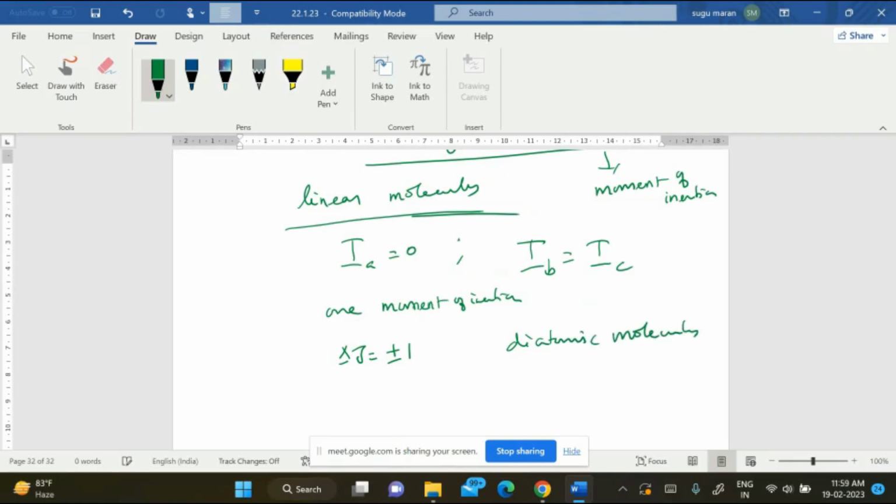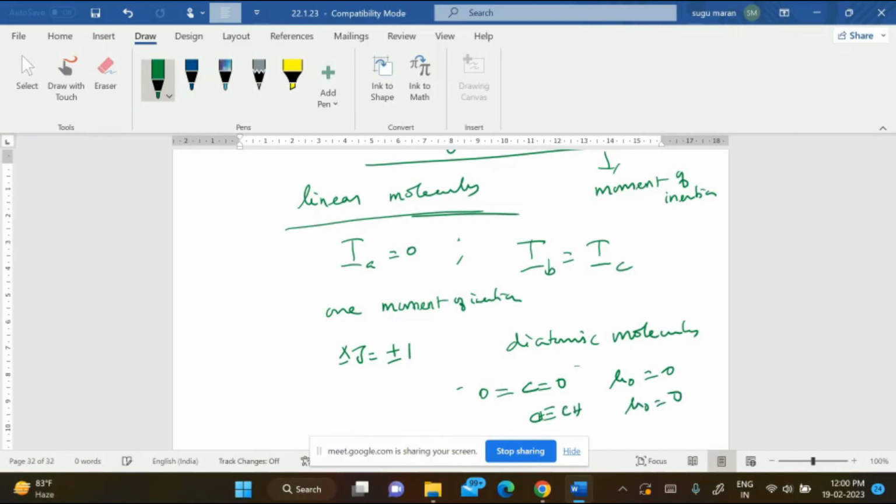Even linear molecules like carbon dioxide, which does not have a permanent dipole moment, are microwave inactive, and acetylene for the matter, which is C triple bond C. All these are microwave inactive.